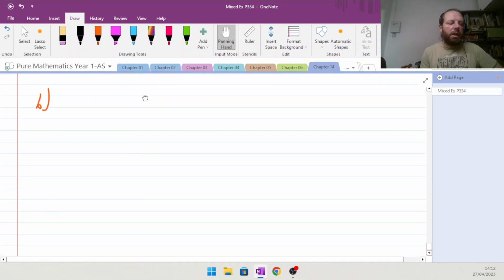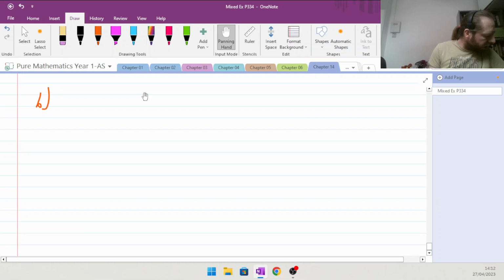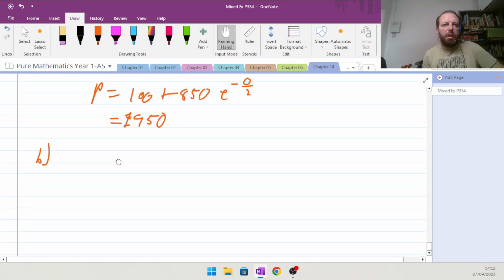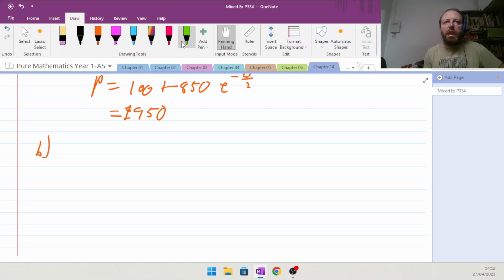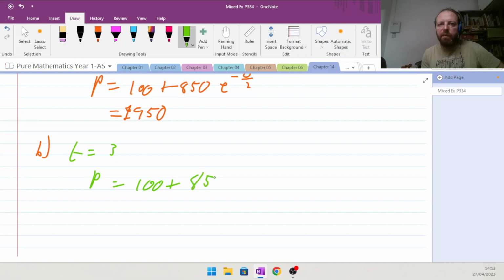Part B. Calculate the price after 3 years, giving your answer to the nearest pound. So after 3 years, t is equal to 3 and the price will be equal to 100 plus 850 times e to the minus 3 over 2.